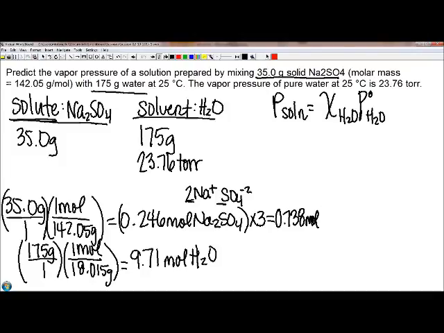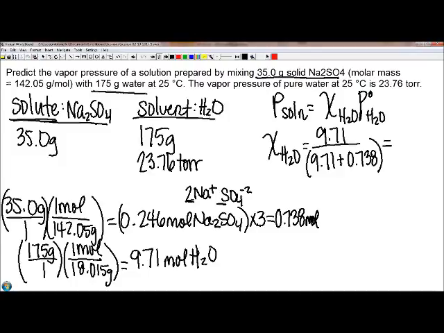So that's the number we're going to plug into our mole fraction for the water. We still have the moles of water on top, the 9.71, over 9.71 plus our new moles of solute, 0.738. The mole fraction for the water is now 0.929.